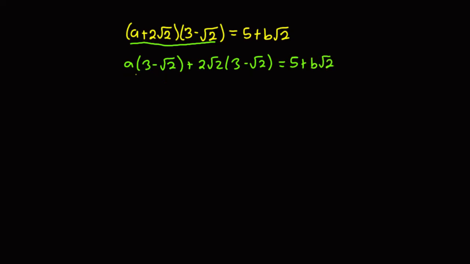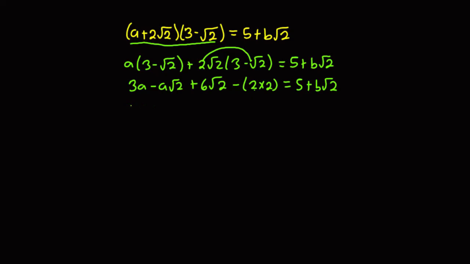So if we expand, we get 3a minus a root 2 plus 6 root 2 minus, we are going to get 2 times 2. Remember, this 2 multiplies the coefficient, so that will be 2 times 1, which gives 2. Then root 2 multiplied by another root 2 gives 2, and this is equal to 5 plus b root 2.